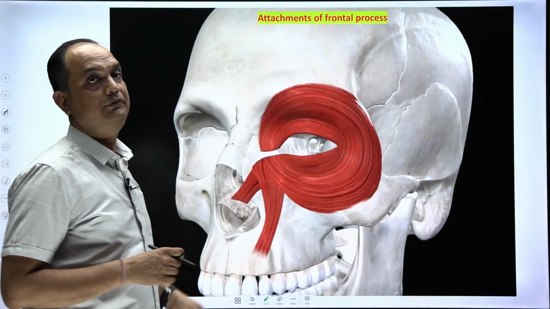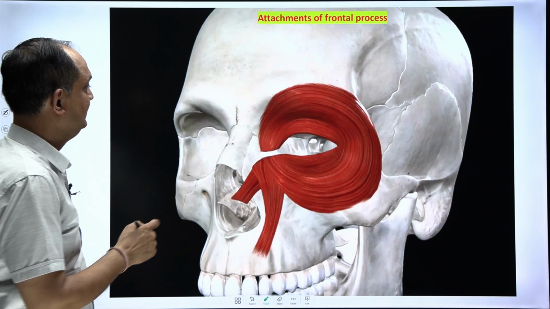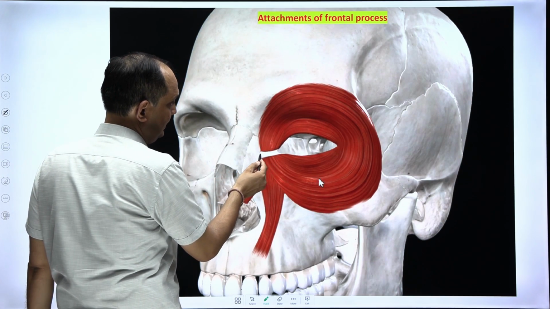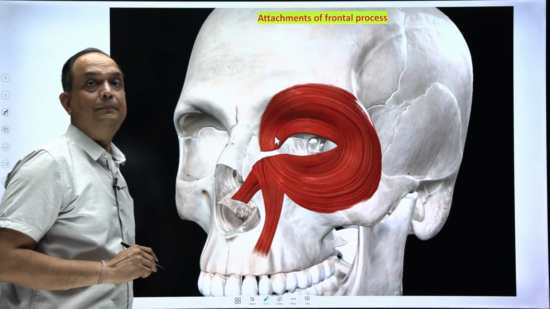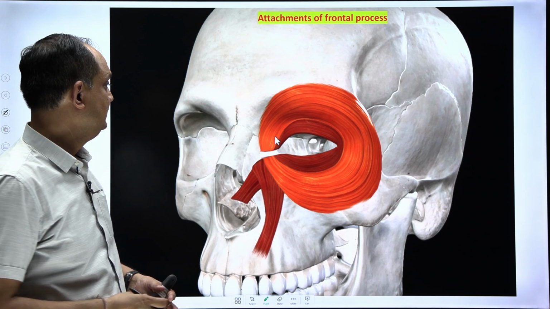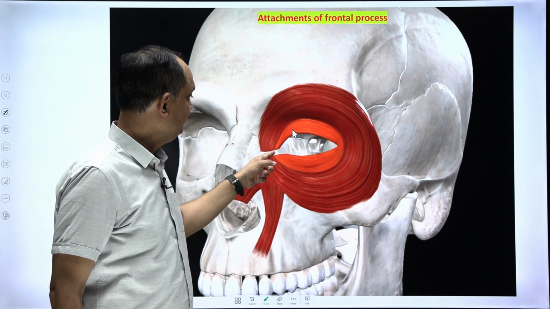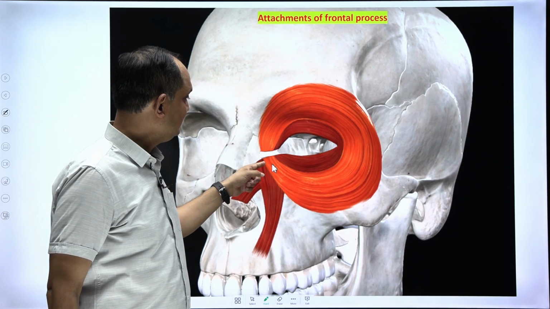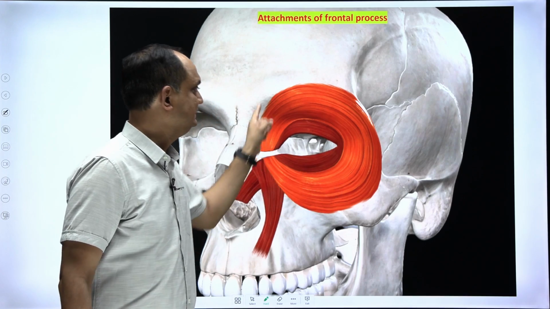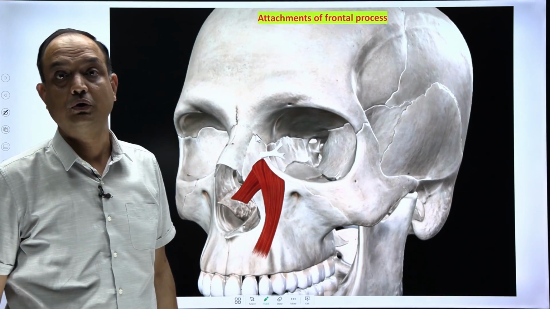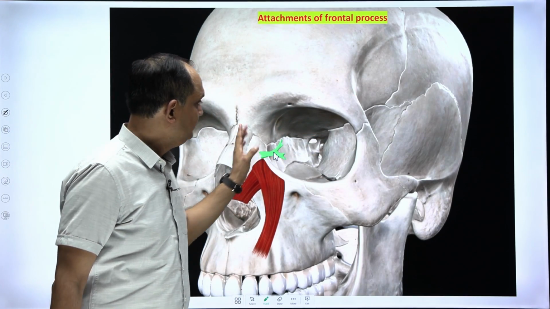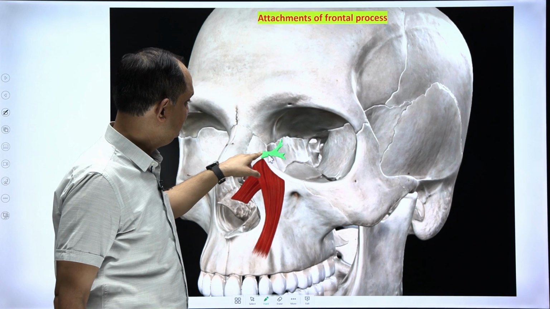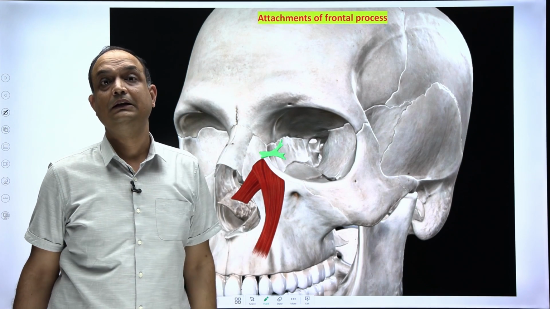Now in this small video you can see that this is the area where you will have the medial palpebral ligament. Now from this ligament and on the lateral surface you will have this muscle known as orbicularis oculi. Now if you remove the orbicularis oculi, you can see this is the medial palpebral ligament.